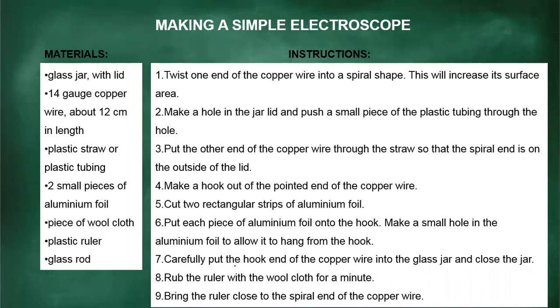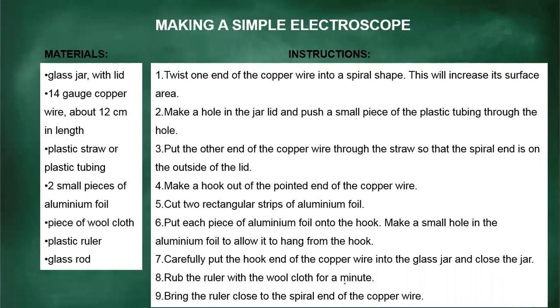So now carefully put the hook end of the copper wire into the glass jar and then close the glass jar. Now remember that the lid has a hole so that the wire can go through. Now rub the ruler with a cool cloth for a minute.